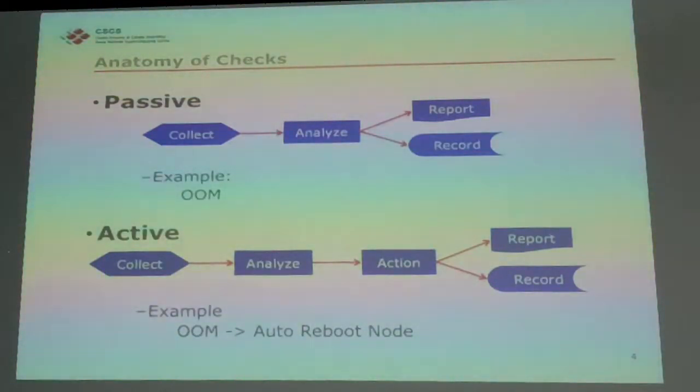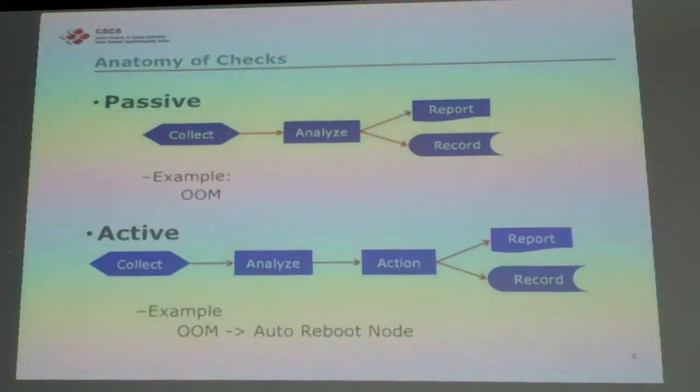So the first thing is to look at what a check actually is. We go out, we collect data, we analyze it, we report and record. Those are the basic steps, but that's a passive check. An example would be out of memory. You can easily detect an out of memory condition on a node, and you can easily report it.